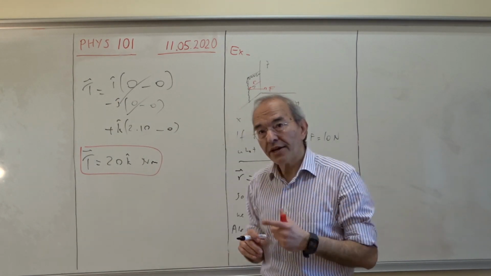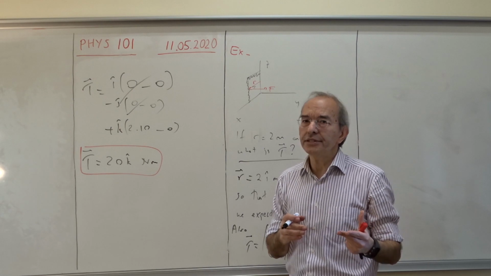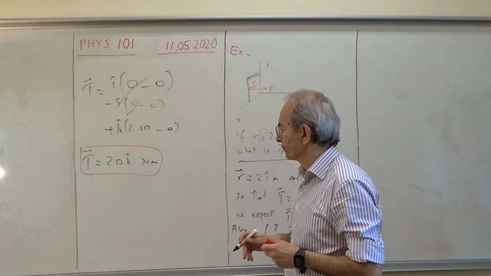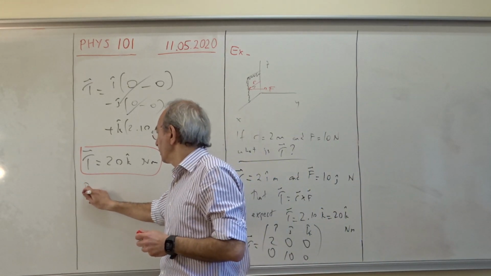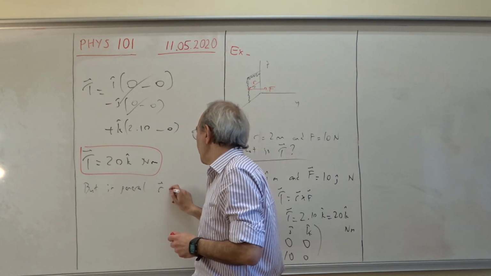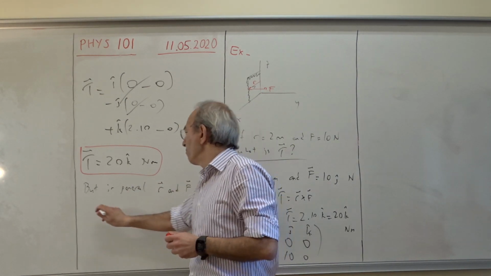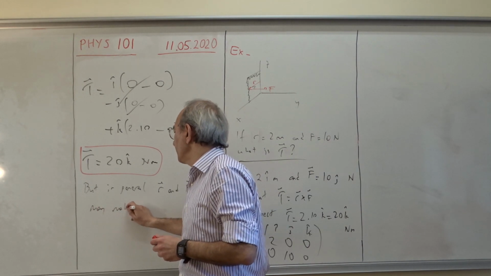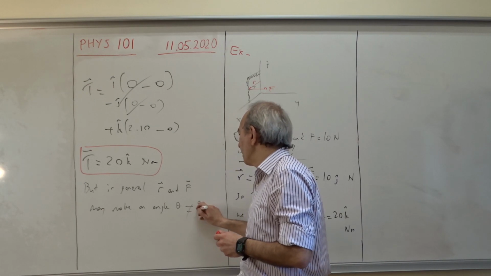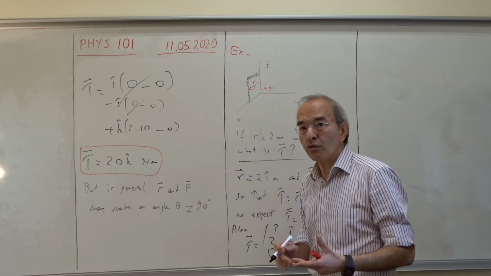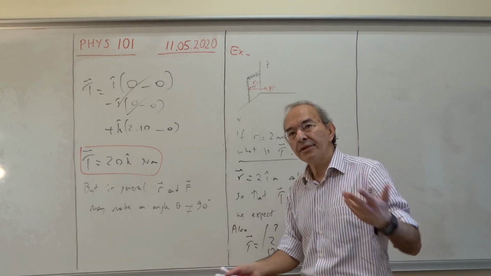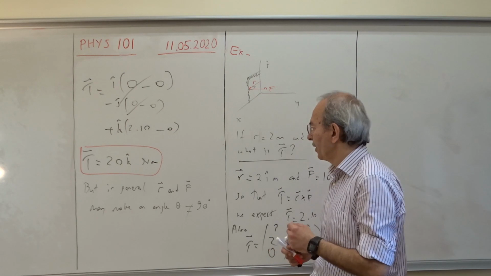But F and R may make an angle other than 90. Okay? But in general, R and F may make an angle theta other than 90 degrees, other than pi over 2, maybe 40 degrees, 10 degrees, minus 110 degrees, depending on the case.